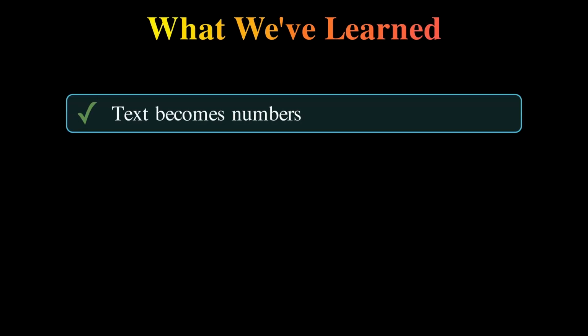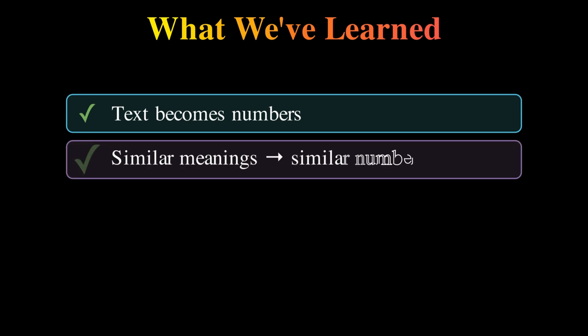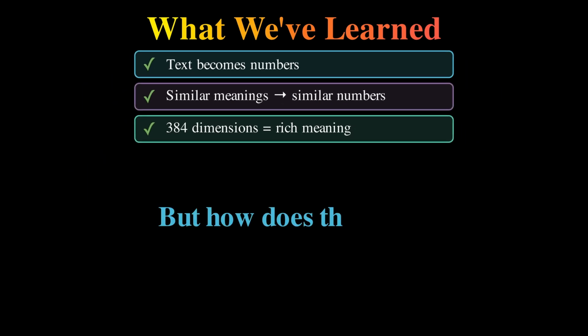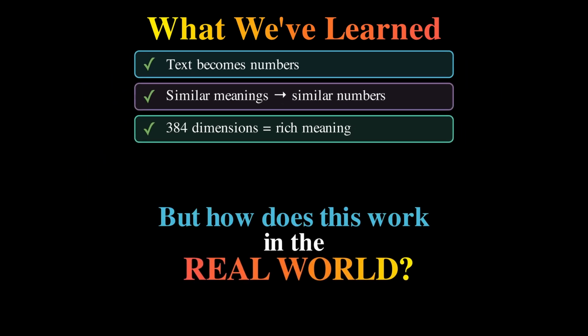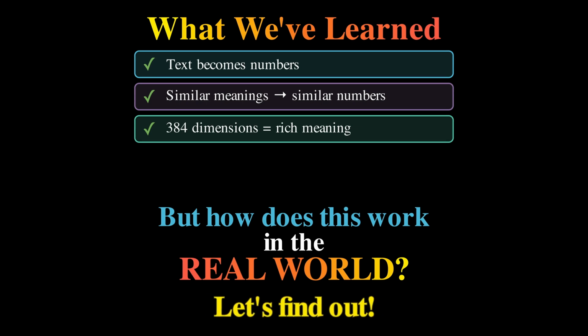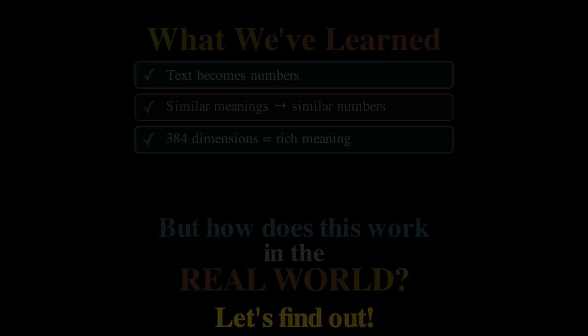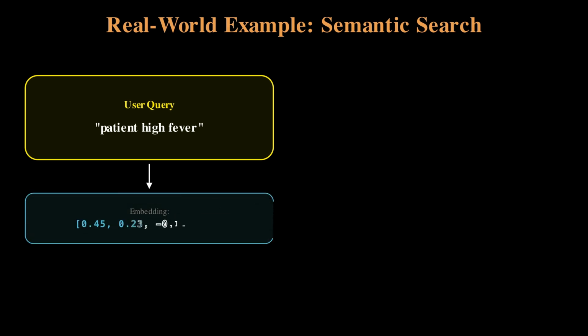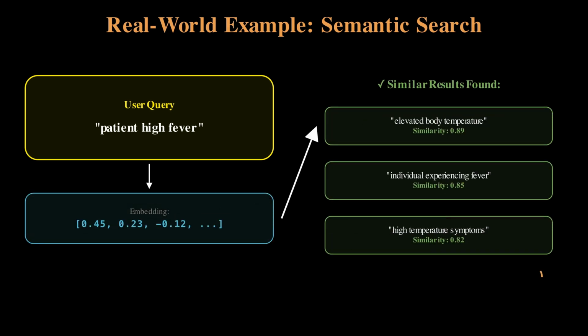So now you understand the fundamentals: how text becomes numbers, similar meaning sentences produce similar numbers, and 384 dimensions capture rich meaning. But how does this work in the real world? Let's find out. Let's see how embeddings solve real problems with semantic search.